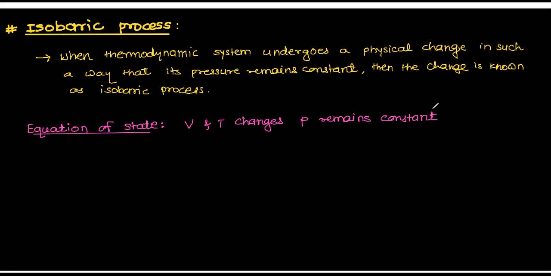Out of that, V and T are changing, but P is remaining constant in which process? Isobaric process. So, which law is obeyed here? Charles' law is obeyed in this process.